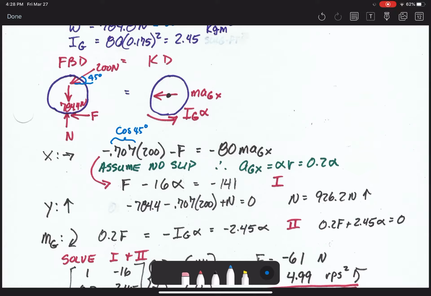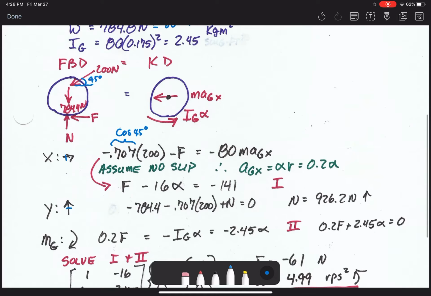So you have x, and negative, because we assume going to the right is positive. So it's negative cosine 45 times 200, minus also F, and on the other side also m a_Gx, and the mass is 80 kilograms already, so we have 80 a_Gx.